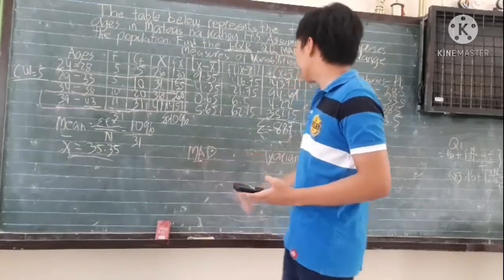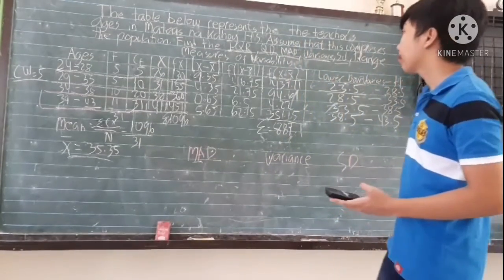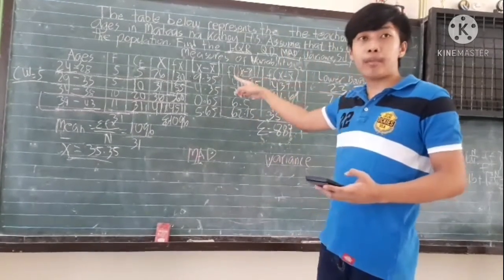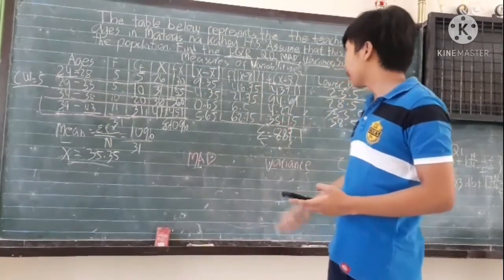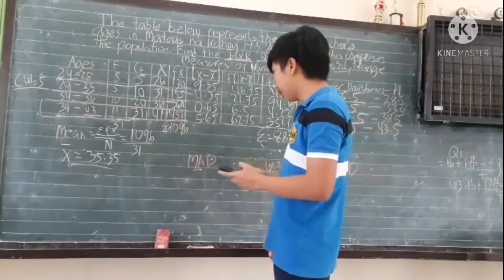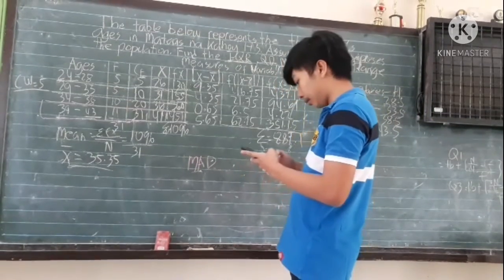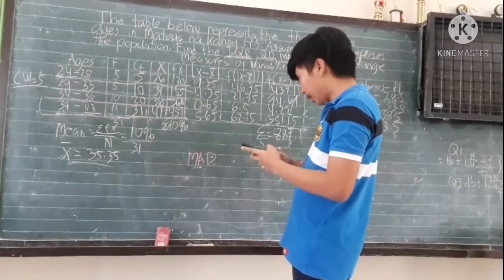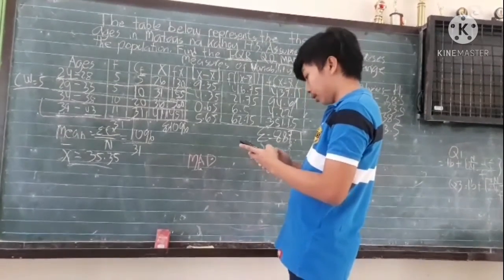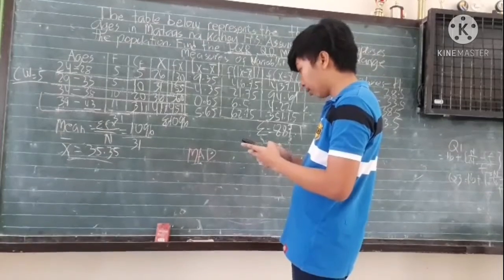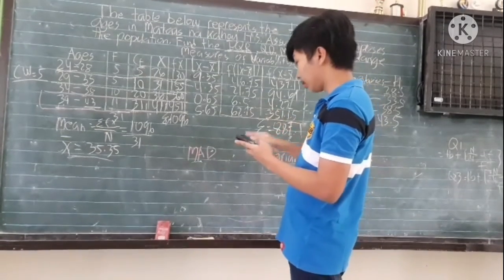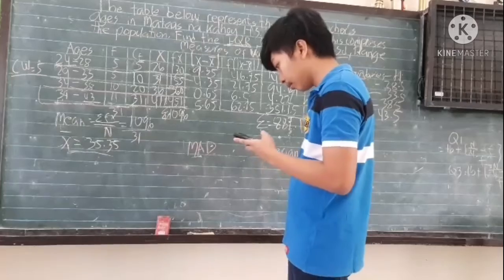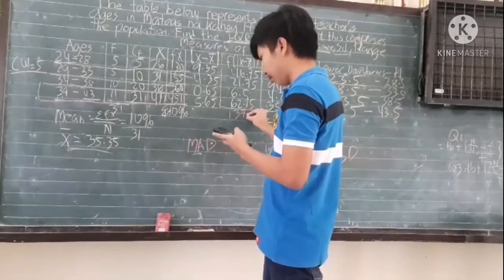So the formula here is the summation of f times the absolute value of x minus mean over n. 46.75 plus 21.25 plus 6.5 plus 6.5 plus 62. 137.15.